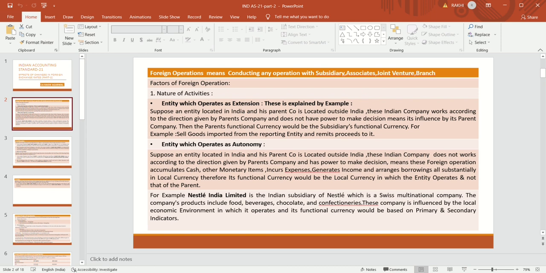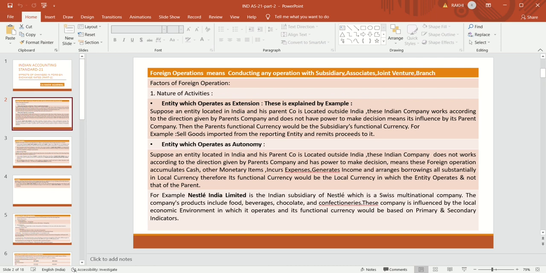But some of the entities are independent entities. They operate with autonomy. They have the power to make decisions. They do not work according to the parent company. The parent company's work is only at the initial stage, to fund that company.